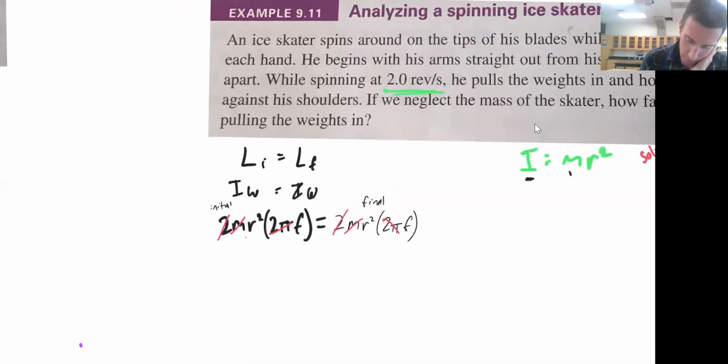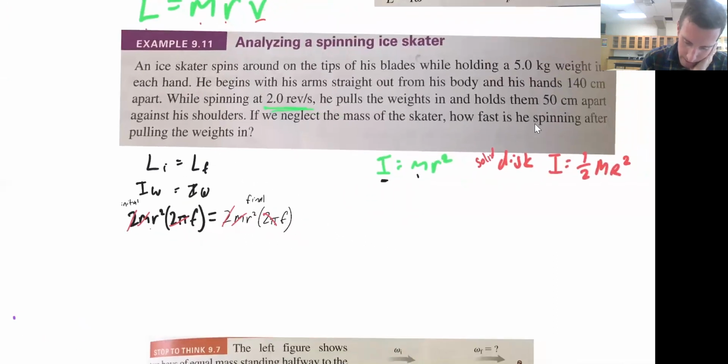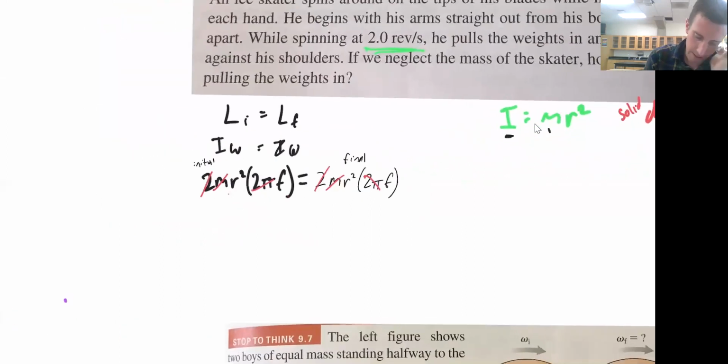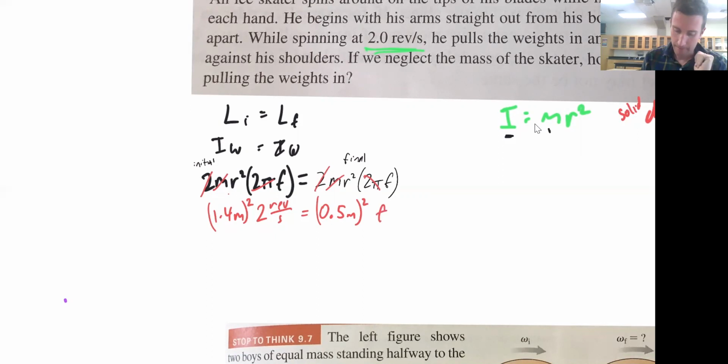So my original radius was 140 centimeters, so the radius is 1.4 meters squared, times my initial frequency of 2 revs per second, equals my final radius of 0.5 meters squared times my final frequency.